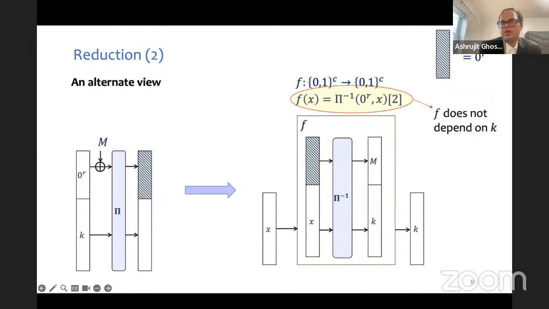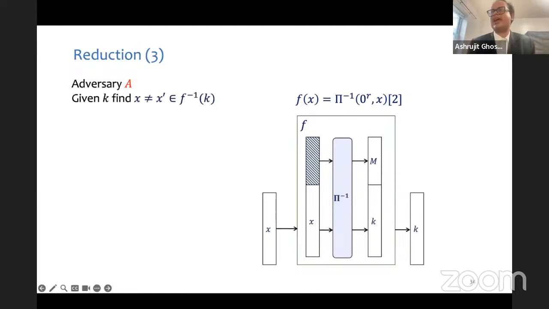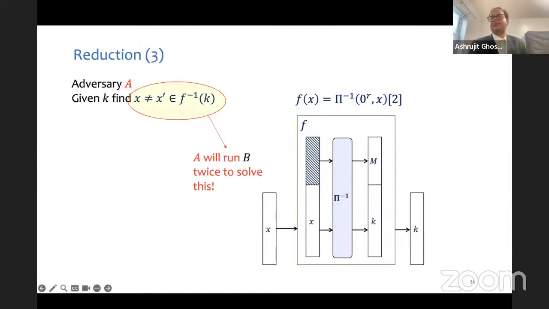Let's see how. The adversary A, given K, computes two distinct inverses, X and X prime, of K under f by running adversary B twice.